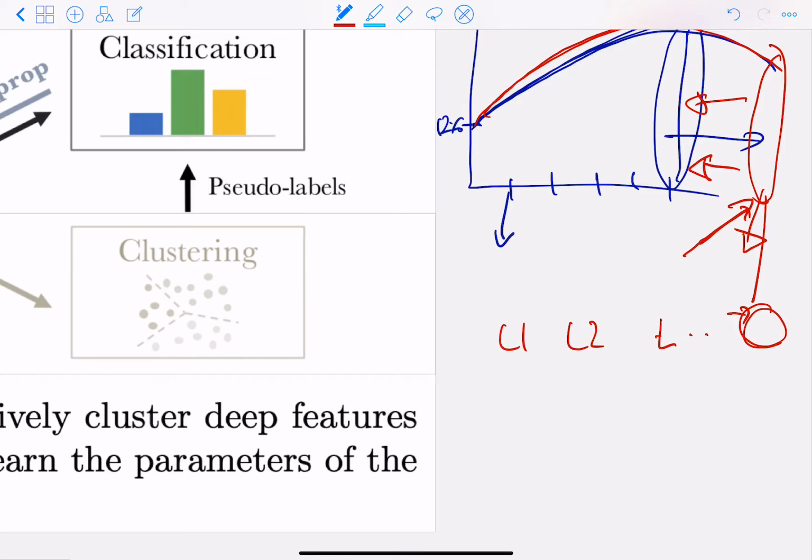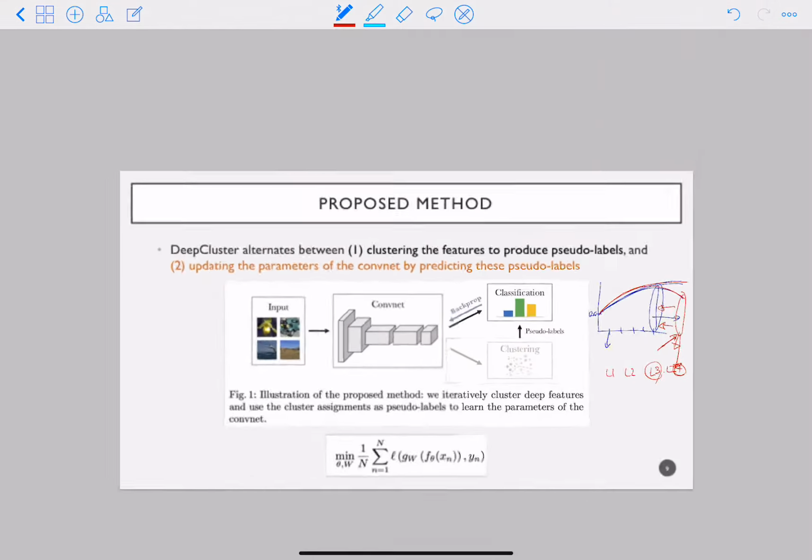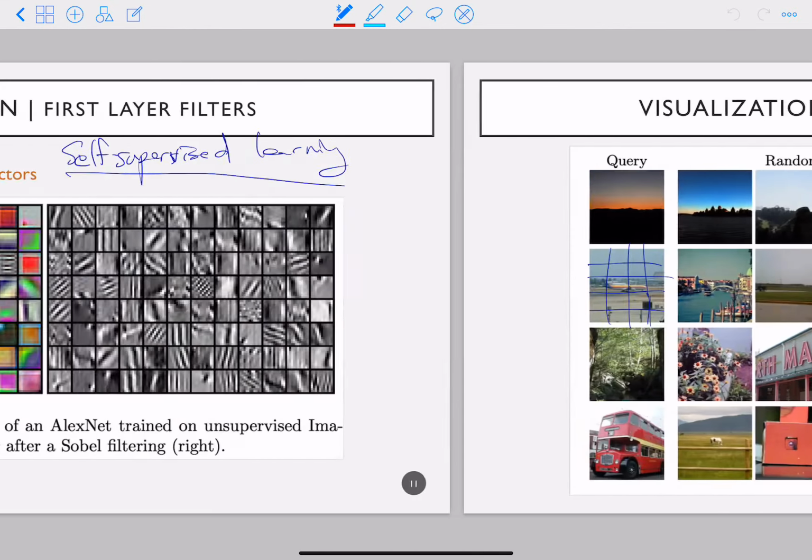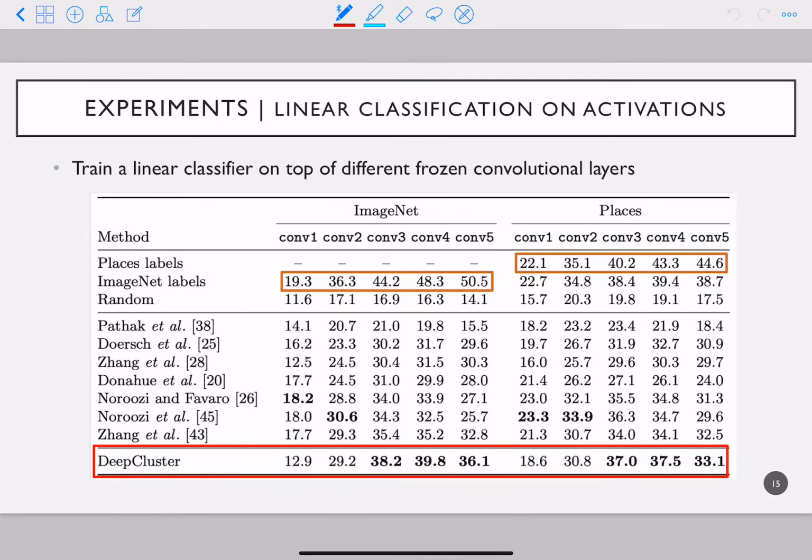Then somehow L3 may match better with the ground truth result than L4, so it may have this going-down pattern.